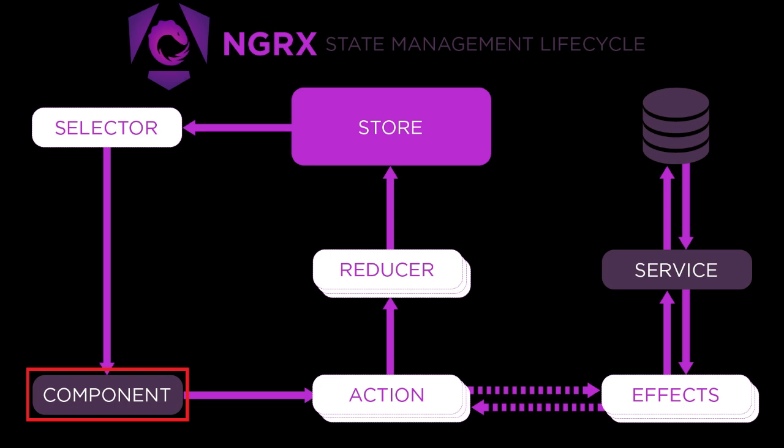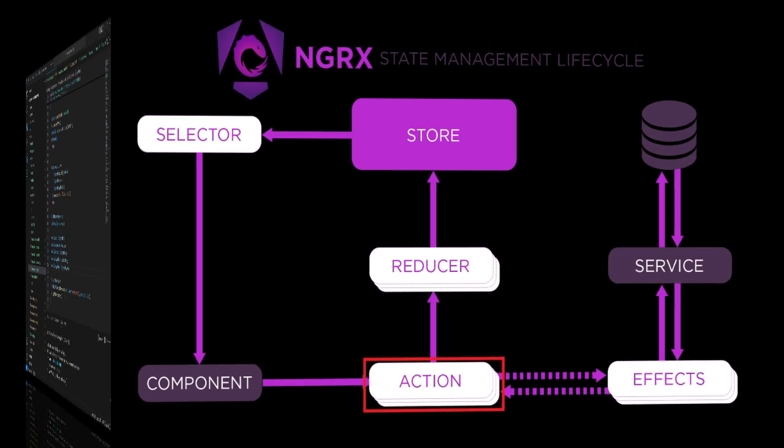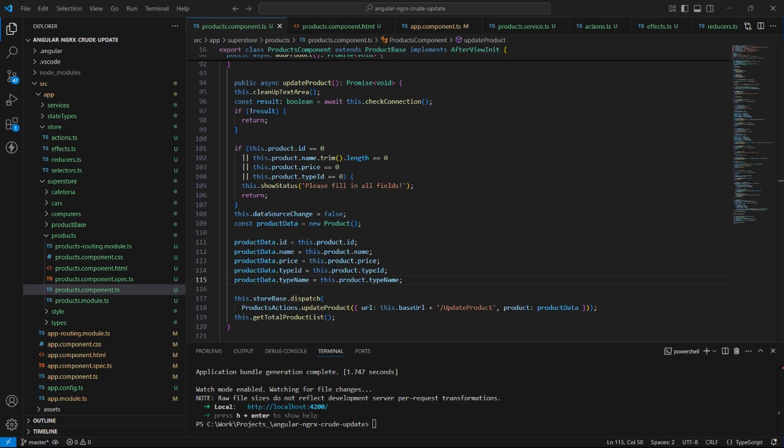When we press the button Update Product, the product component dispatches Update Product action using the injected store service. To the action, we have to add a payload which contains updated product object and URL to update the product in a SQL Server database through the HTTP request to Web API.